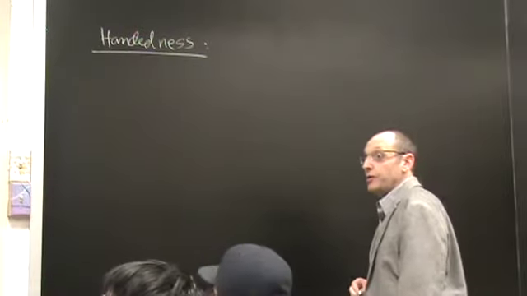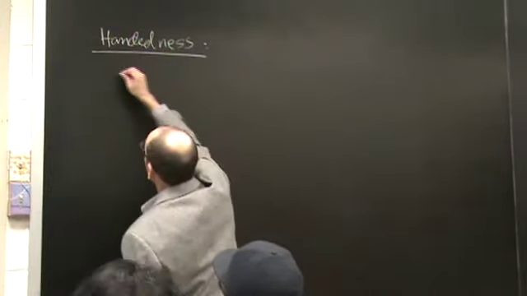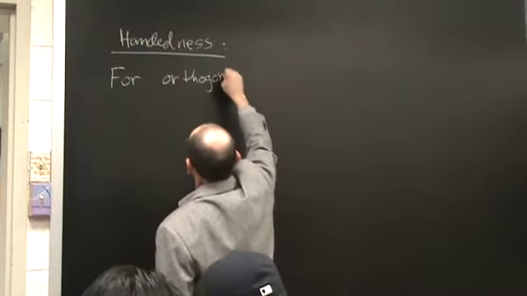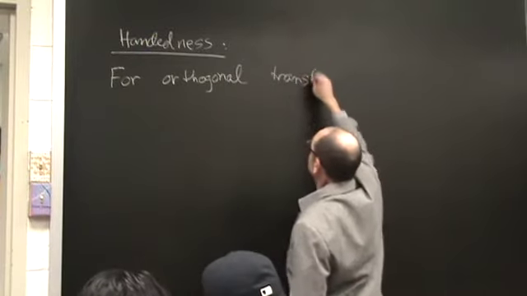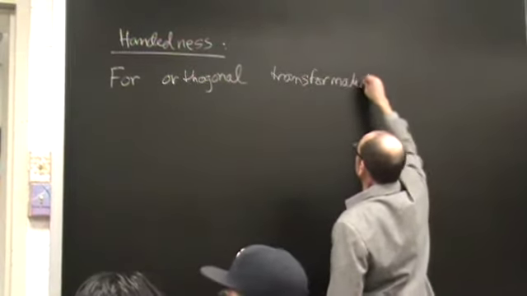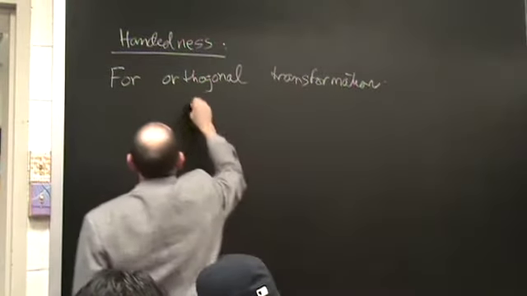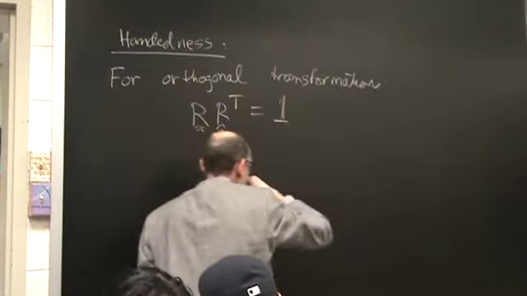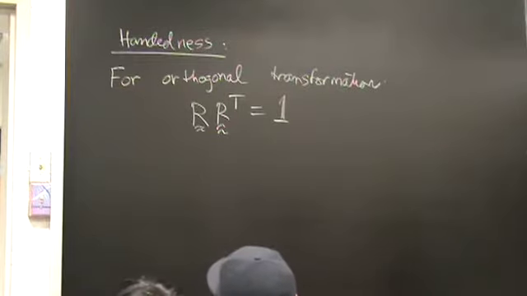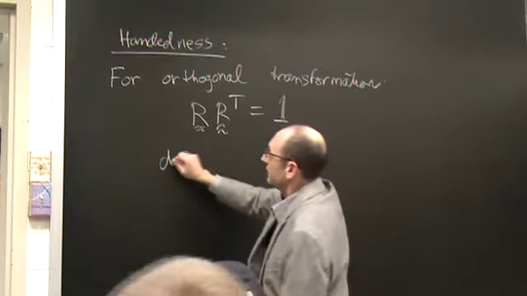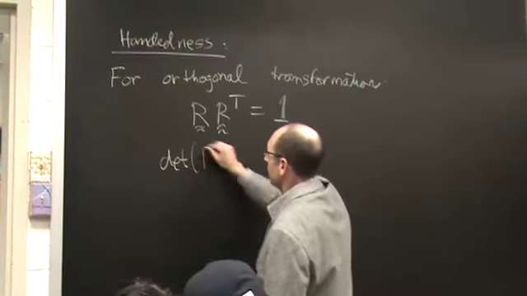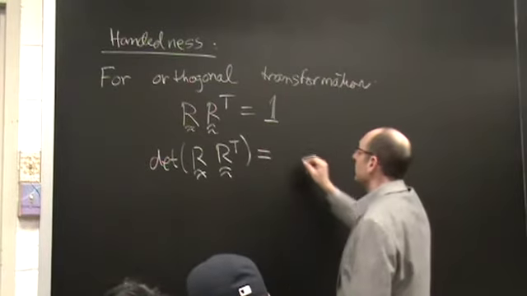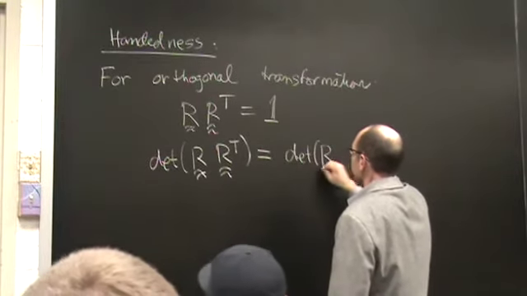So one thing to note here, if I look at what we have for orthogonal transformations, we have that R times R transpose was the identity. Right? And if I take the determinant of each side of this equation, well, the determinant of a product is the product of the determinants.